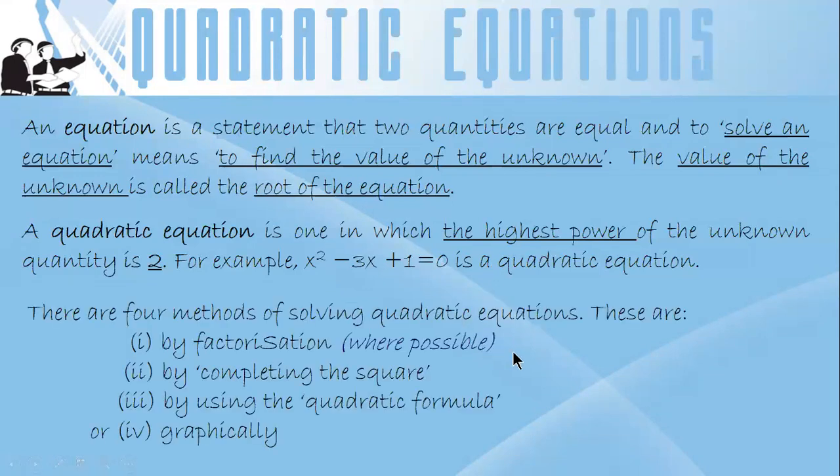There are 4 methods of solving quadratic equations. These are by factorization where possible, meaning if it can be factored, but if it cannot be factored, do not use it. Second is by completing the square.